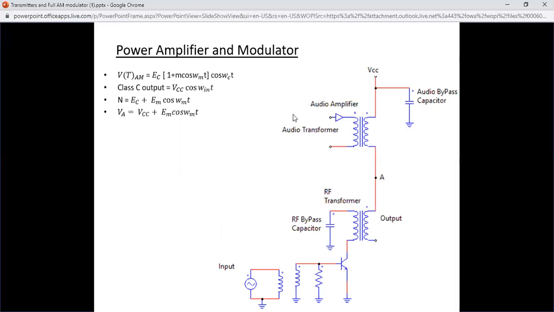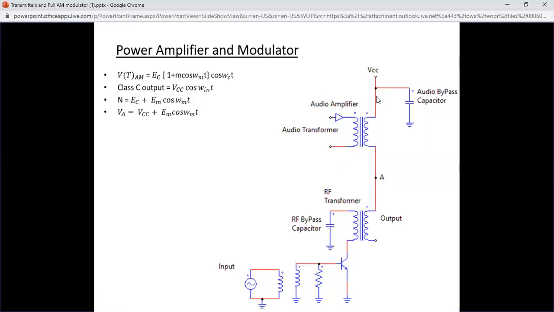Okay, moving on to the power amplifier and modulator. This circuit is used for AM, and the information is presented on the amplitude. Therefore, the power amplifier has to be highly linear because any distortion caused will affect the information to be transmitted.